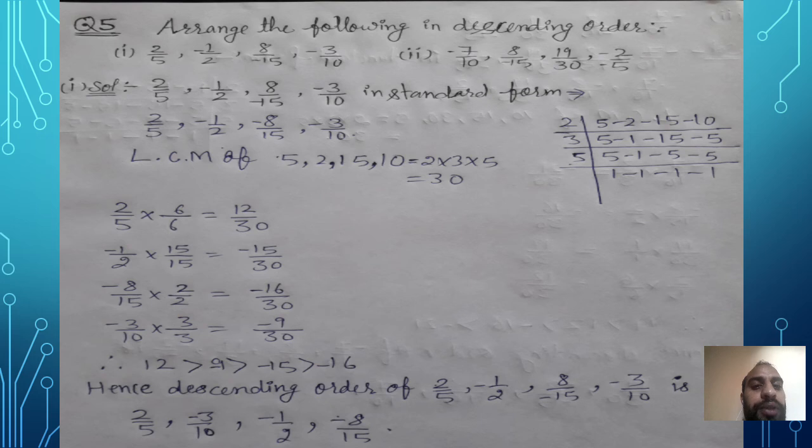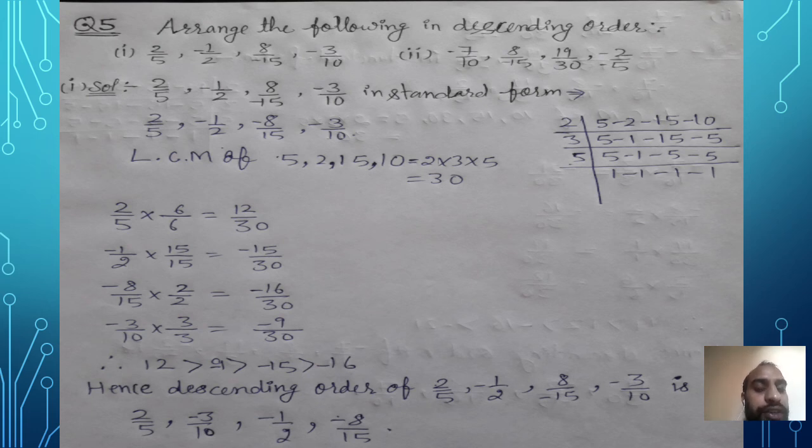Next we have 2 upon 15: 15 2s are 30, 1 2 is 2, with the minus sign. Next we have 15: multiply by 2, 15 2s are 30, 8 2s are 16. Last we have 10. Table of 10, it is clear to all: 10 3s are 30.